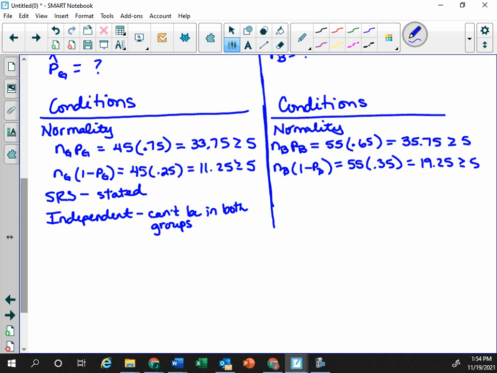And the random and independent will be the same on both sides. So SRS was stated. Independent. Just something about yes, can't be in both groups, at least for our problem today.